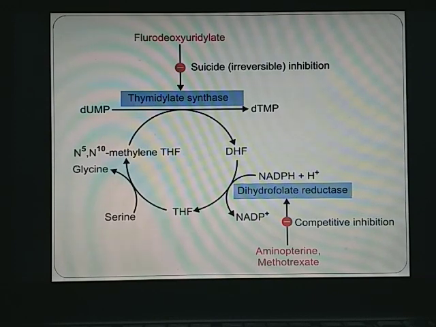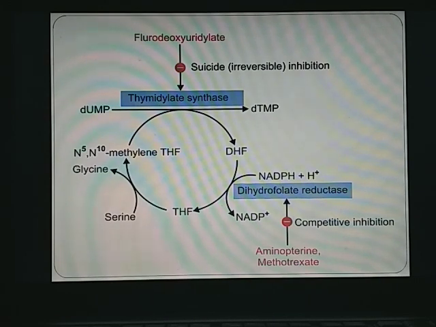So here 5-fluorouracil is converted to fluorodeoxyuridylate, which is a more potent inhibitor which inhibits thymidylate synthase in this reaction. So this is a classic example of suicide irreversible inhibition by an anti-cancer drug.